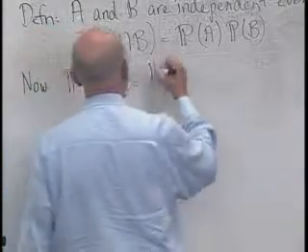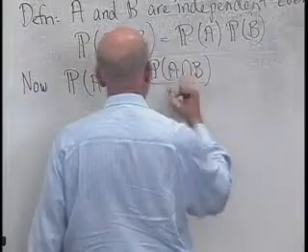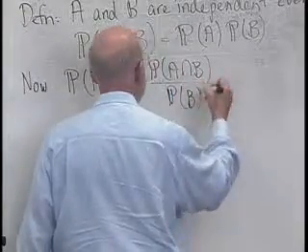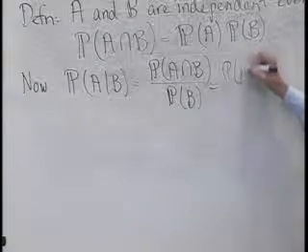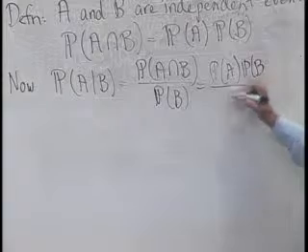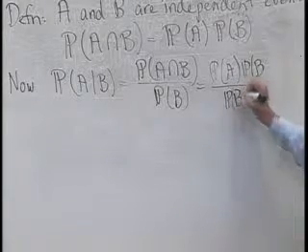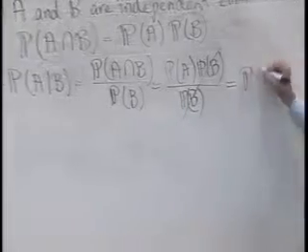Well, that's the probability of the intersection, probability of A intersect B, divided by the probability of B. And if the events are independent, that's the probability of A times the probability of B over the probability of B. We get some nice cancellation.